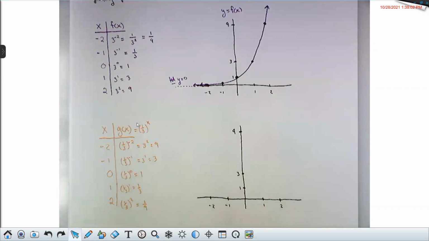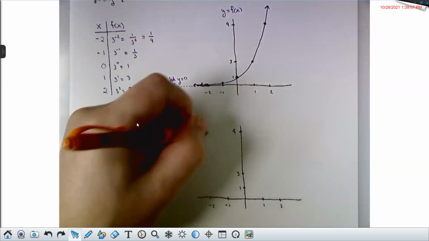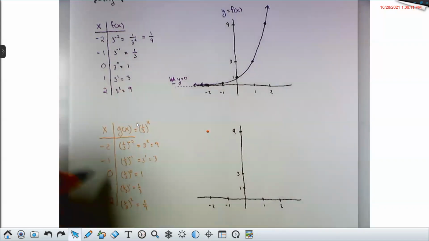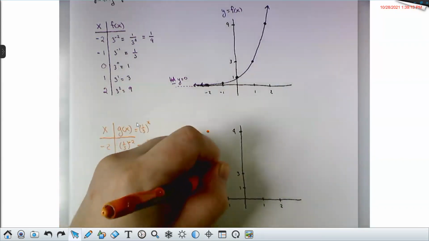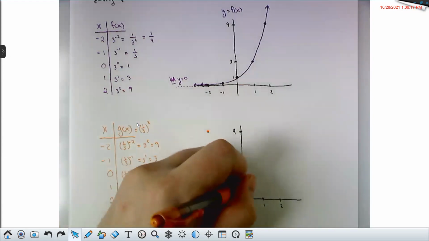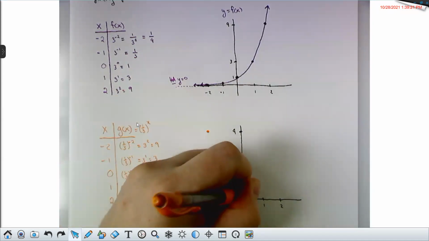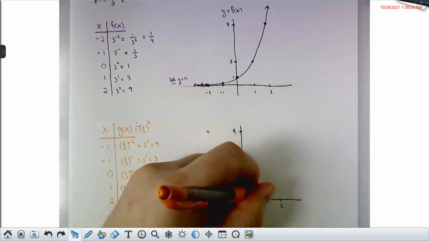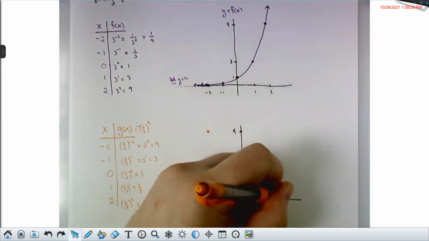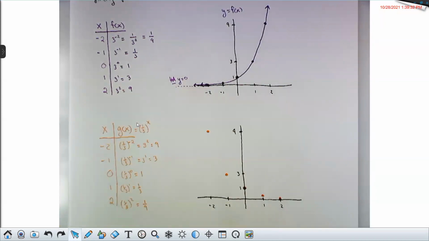On the graph of g, the orange graph, I'll have -2, 9, which is up here. I'll have -1, 3 right here. 0, 1 right here. 1, 1/3, which is round about here. And 2, 1/9, which is already so small, it almost looks like it's sitting right on the x-axis.